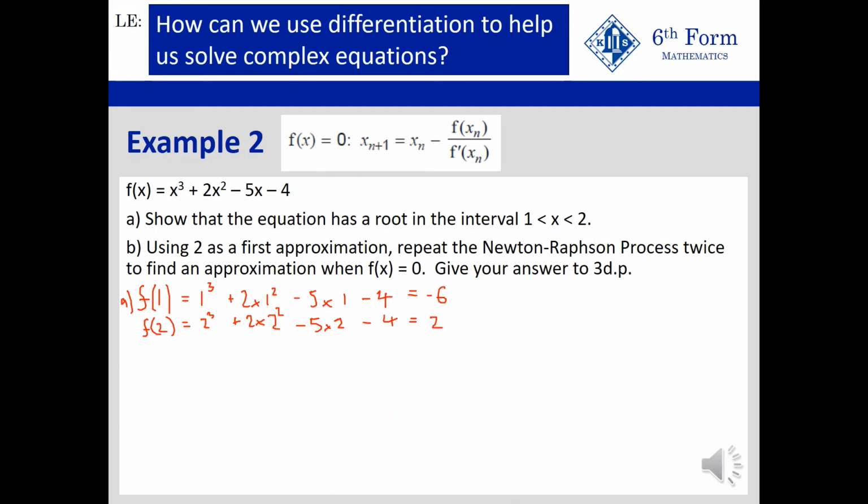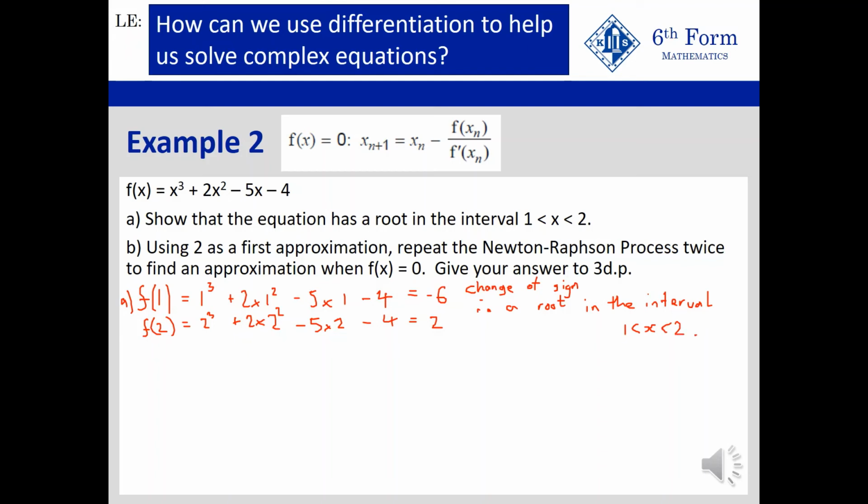Okay, so we could then make a conclusion that there is a change of sign, we can use our 3 dot symbol, therefore a root in the interval where x is in between 1 and 2.